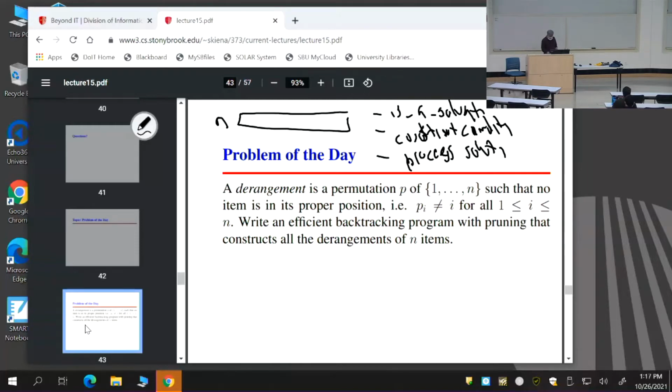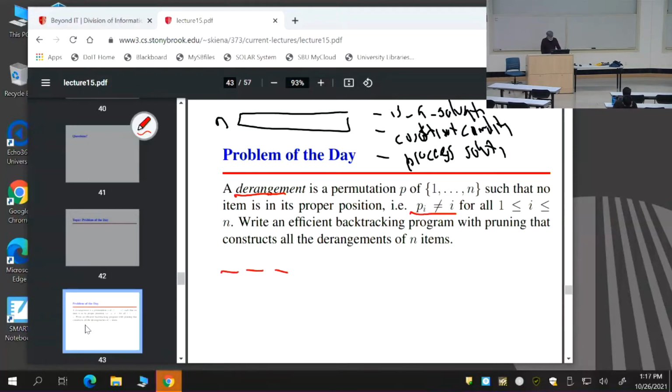The daily problem for today is about trying to find a derangement. What is a derangement? A derangement is a permutation of the numbers 1 through n such that no element is in its right spot. Namely, that the ith element of the permutation is not equal to i.